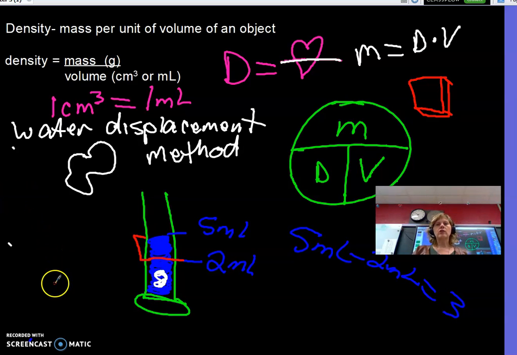So water actually has a density of 1 gram per milliliter. The whole metric system is kind of based on water. So it's pretty cool that that works out. Of course, there's no correlations like that in the English system, so I don't know, someone did something right when they came up with the metric system.